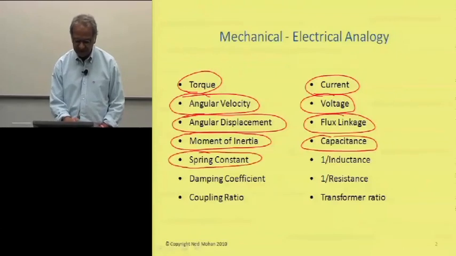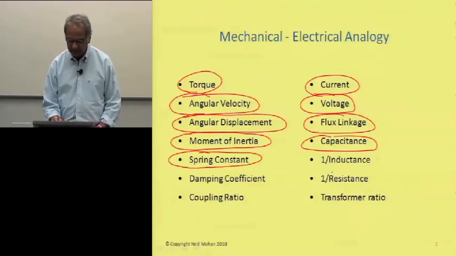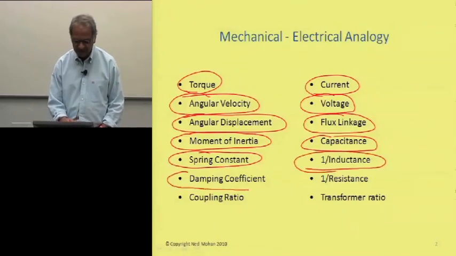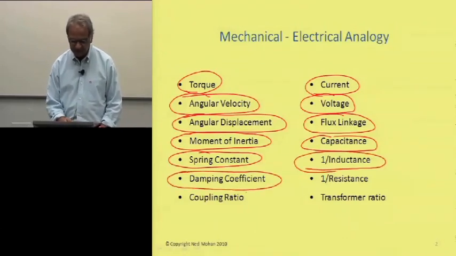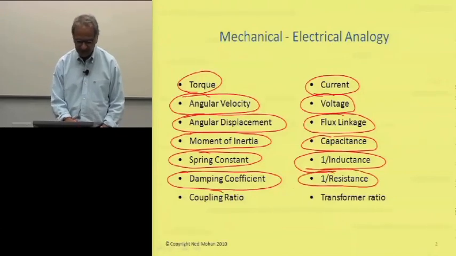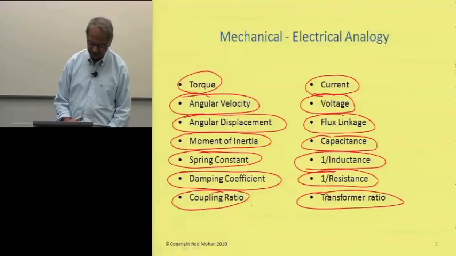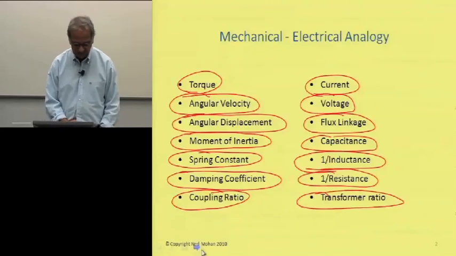The spring constant K that I talked about in the previous module is 1 over the inductance, and the damping coefficient representing friction is 1 over resistance, and the coupling ratio is represented by a transformer ratio here. So we'll make use of these things in our discussion here.